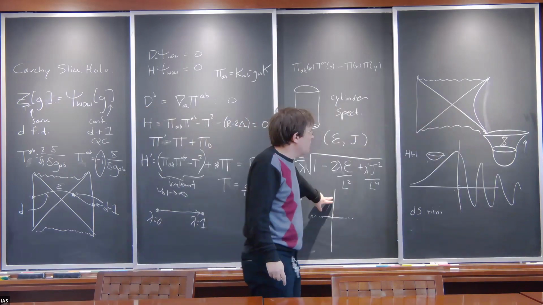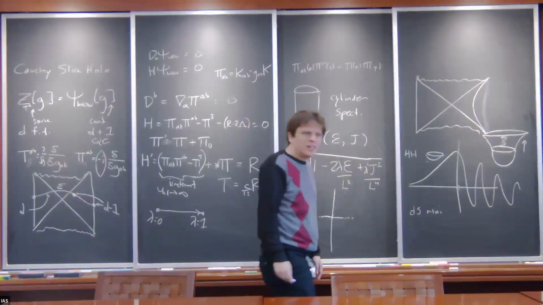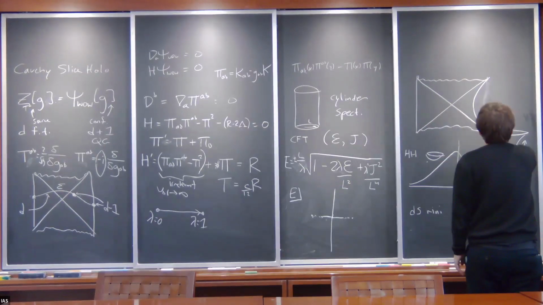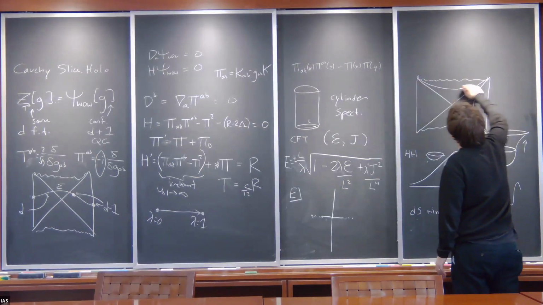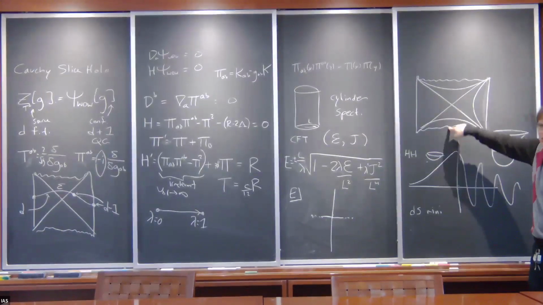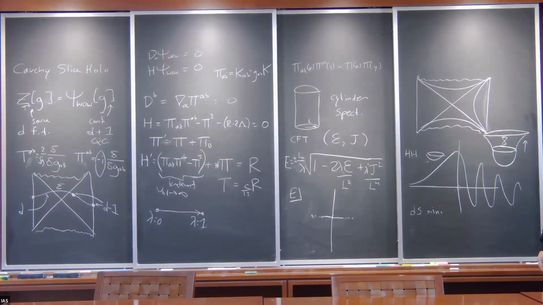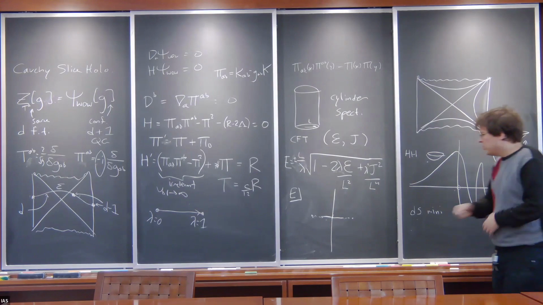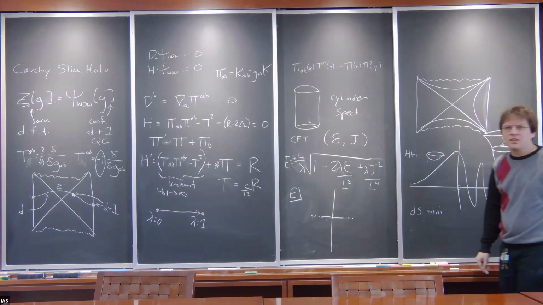But if you're on this imaginary branch, it's better thought of as being here or here, where whether you're in the black hole region or the white hole region depends on whether you pick this branch or this branch of the square root.